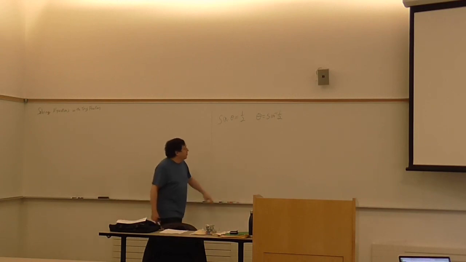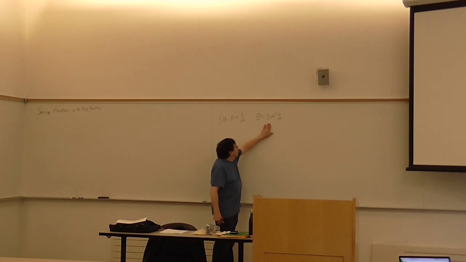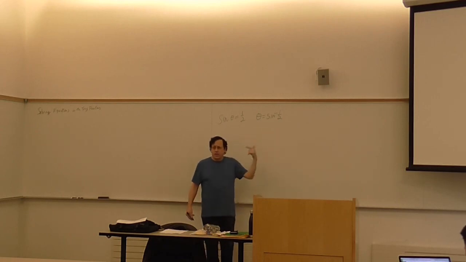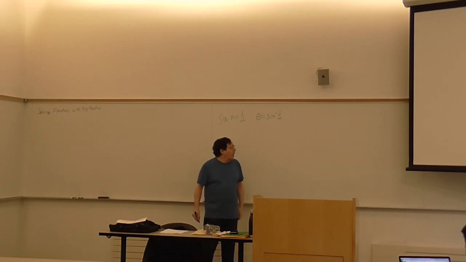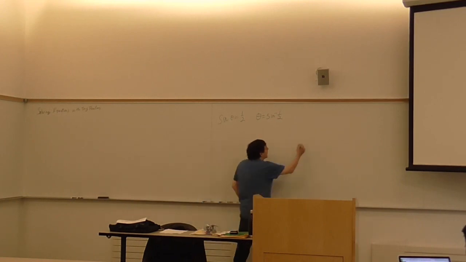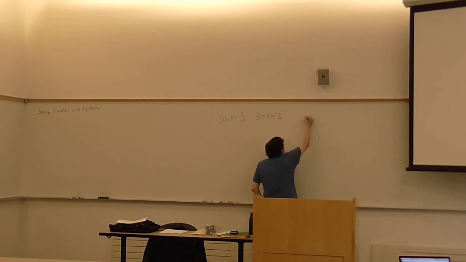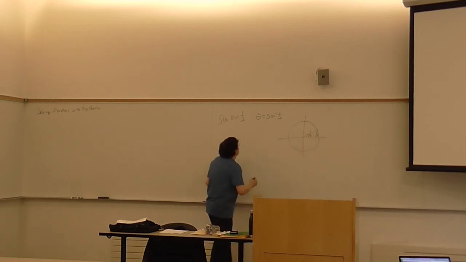So a good place to start is where is the sine equal to a half in the unit circle, in the first 2 pi? Well, if we want the sine to be a half, we should recognize that this is a 30, 60, 90 triangle. So this is going to be 30 degrees or pi over 6.